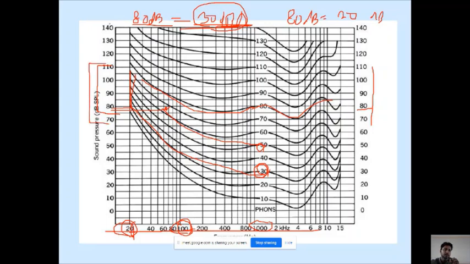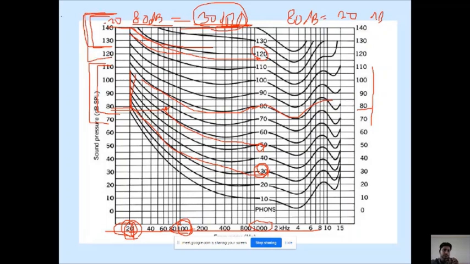If somebody is dealing with aircraft noise or maybe higher levels of noise, in these areas you can see these curves are not so much bent. So in this area so much correction is not required as at lower levels. If at 20 hertz the sound level is 140 dB, and we do correction, it will be almost equal to 120 phon. That means minus 20 is required.